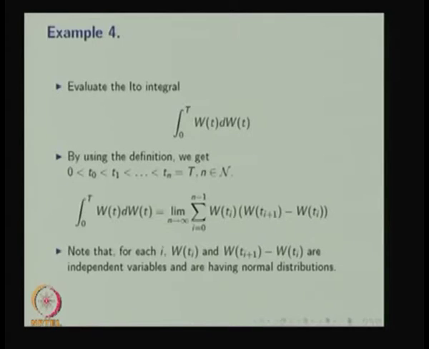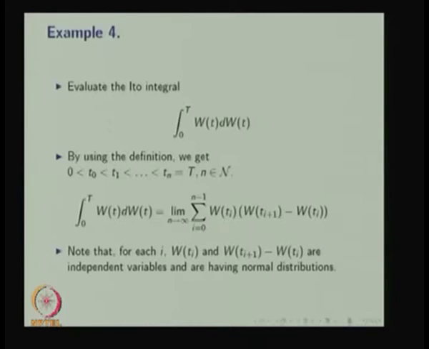For each i, in the way we have written the limit as n tends to infinity of the summation, this is W at the point t_i, whereas this one is W of t_(i+1) minus W of t_i. Therefore these two are non-overlapping, so the increments are independent.